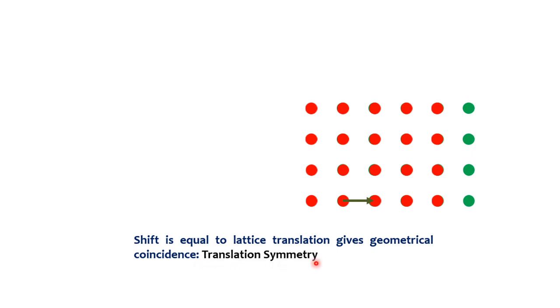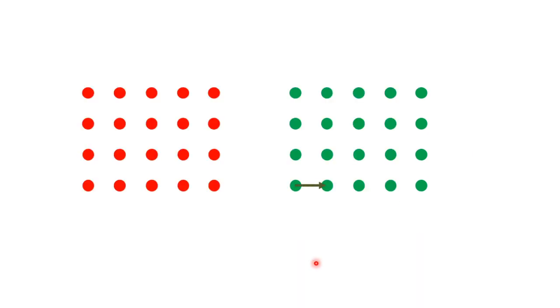The green lattice contains many lattice translations. So, we have to check the capability of these two lattices to attain coincidence with one another along the rest of the lattice translations. Now, I am going to slide the red lattice along the vertical blue vector. When I do so, the red lattice once again comes into coincidence with the green lattice when the shift is equal to the vertical lattice translation.